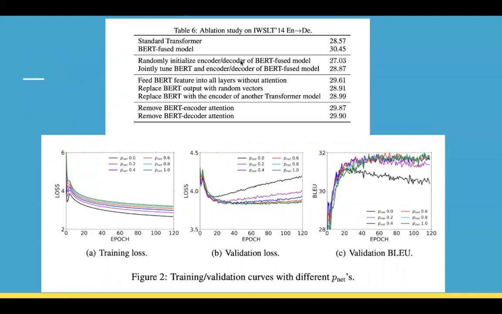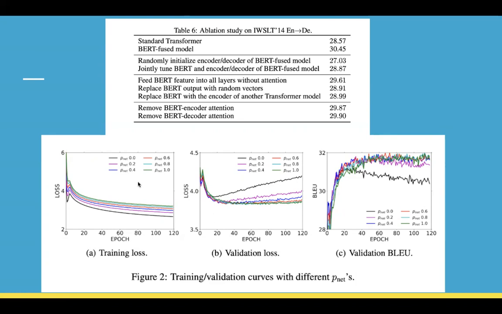Here they are changing certain parts of the experiment to see how it affects the BLEU score. Here they've randomly initialized the encoder-decoder of the BERT-fused model. They've jointly tuned both the BERT and the encoder-decoder structure, and so on. And they've tried removing certain parts to see how that affects the results.